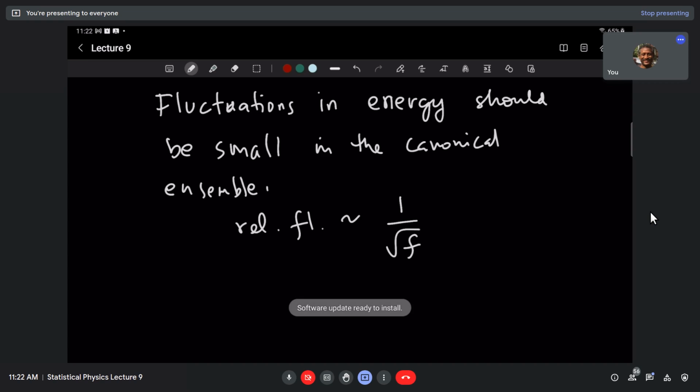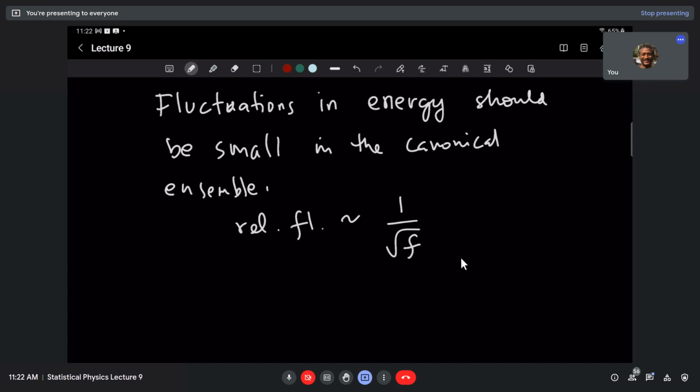Is that clear? So the point here is, suppose we had just one particle in contact with a heat bath. How many degrees of freedom does one free particle have? 3. So in that situation, relative fluctuations will be large. In that case, we cannot have two descriptions. Either the particle is isolated or it's in contact with the heat bath.